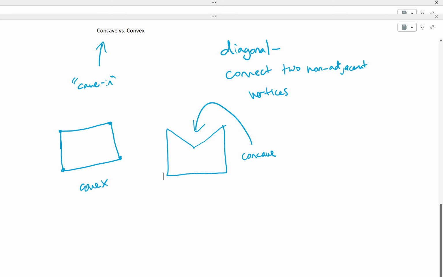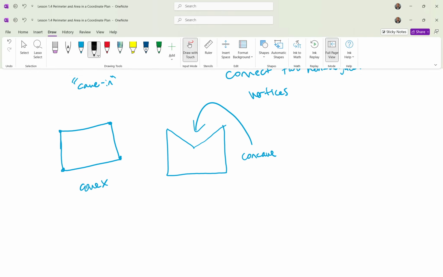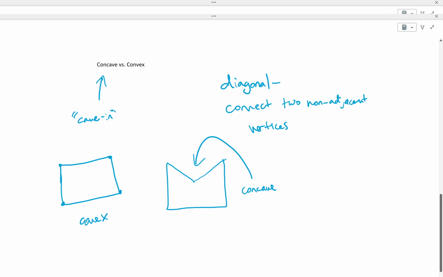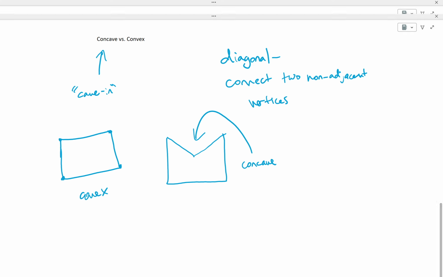Now, let's use a great test we have. This is what's called the diagonal test. If I can connect two non-adjacent vertices, let's watch. Let's take non-adjacent vertices. 1, 2. These all happen within the interior of the figure. Now watch this. On the concave, let's take this diagonal. These are non-adjacent, right? Because if I connect right here, that's adjacent. That's just this side.